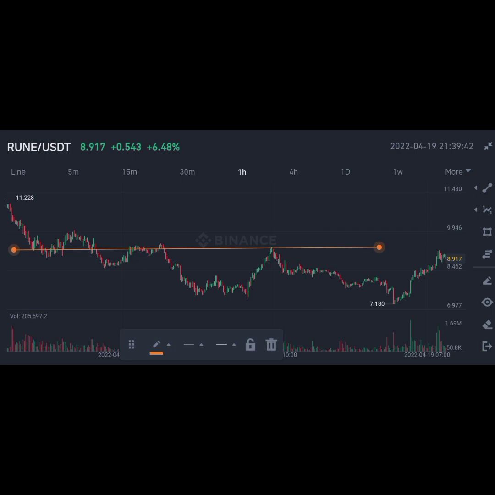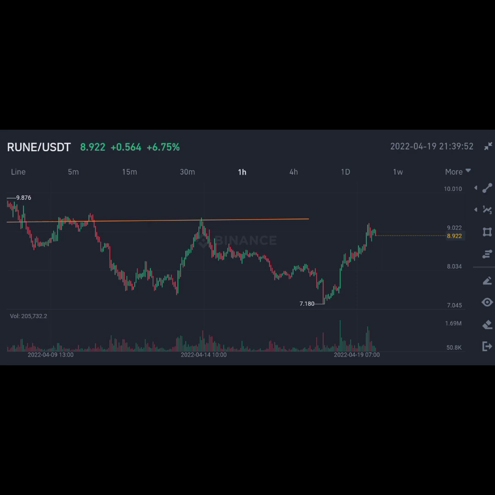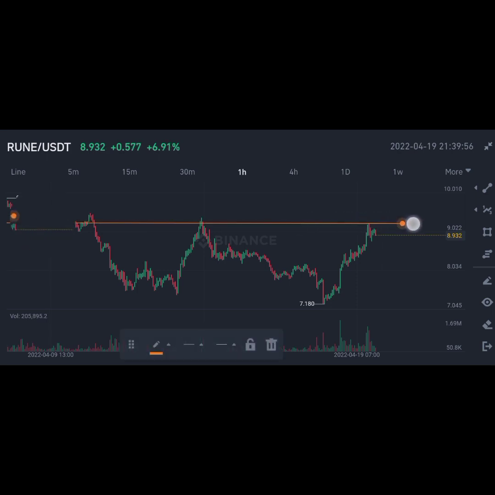So now when you are trading, it is assumed that if the price breaks across this particular zone, let me shift it right here so you can see what I'm saying. It's assumed that if the price breaks across this particular zone where this line is drawn, we've entered a breakout.